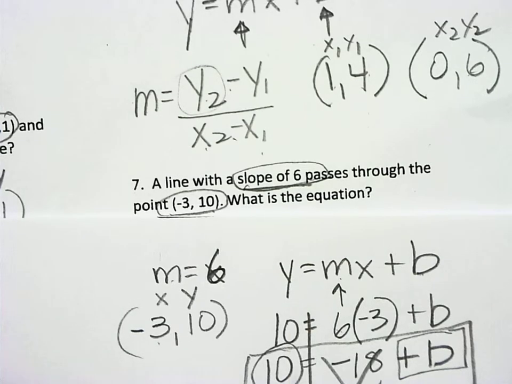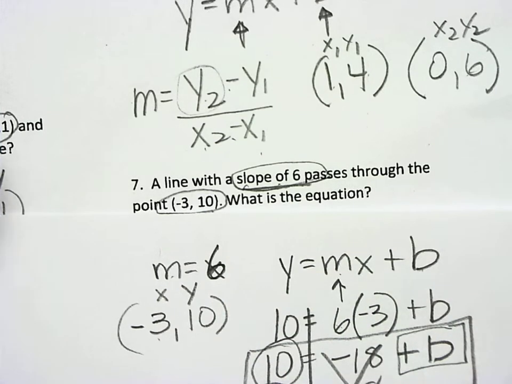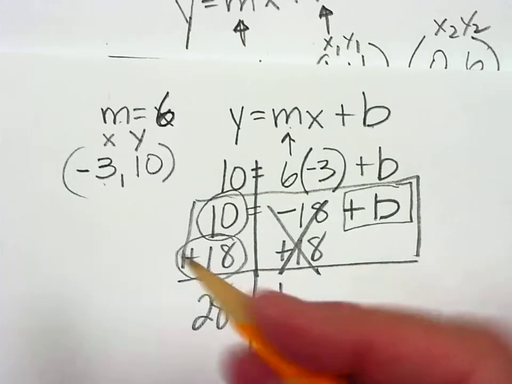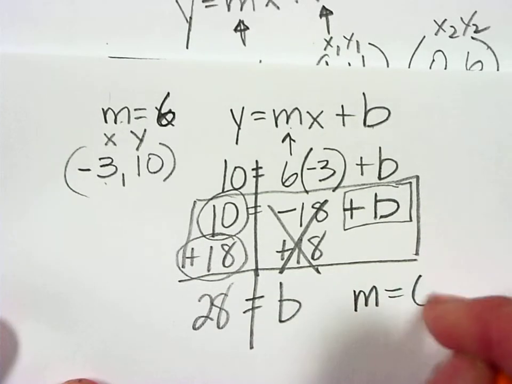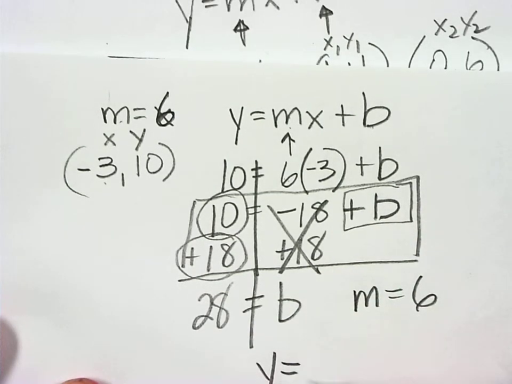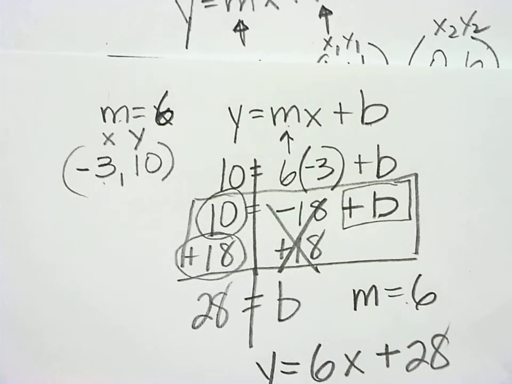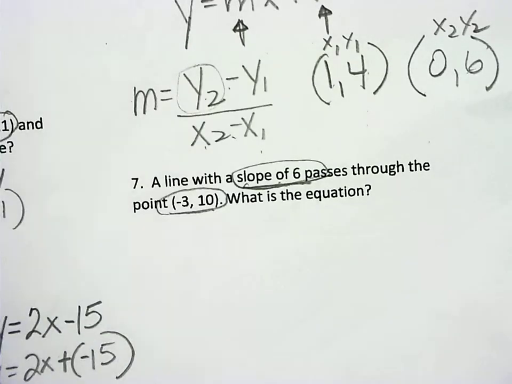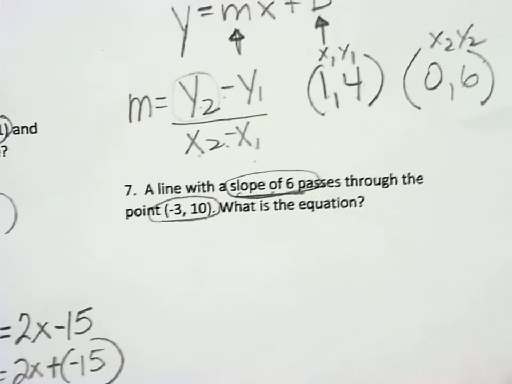So we were told that our slope was 6, and we just determined that our y-intercept was 28. So our equation is y equals m, which is 6x, plus a y-intercept of 28. There's number 7.